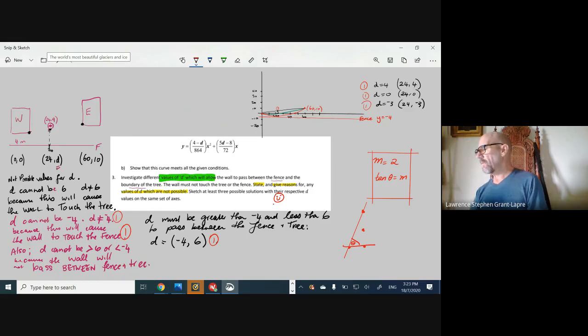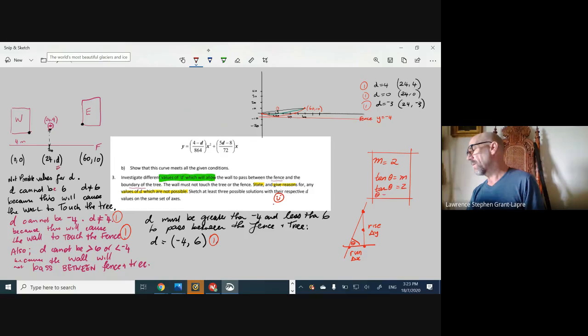Do you remember that? Tan of theta equals opposite over adjacent, rise over run, which is gradient, delta y over delta x. Tan of theta equals 2.